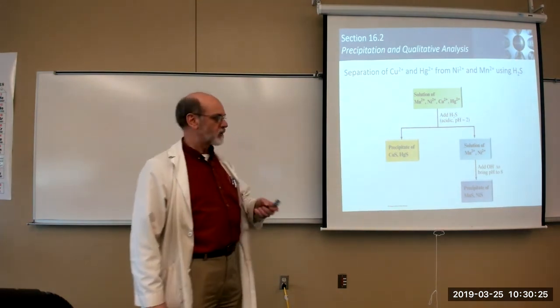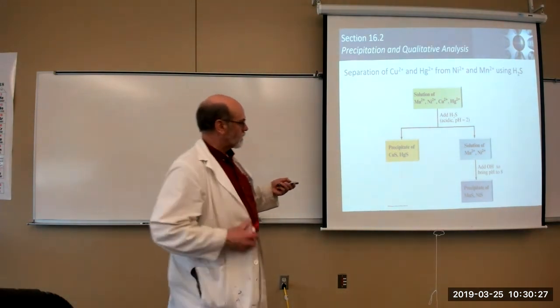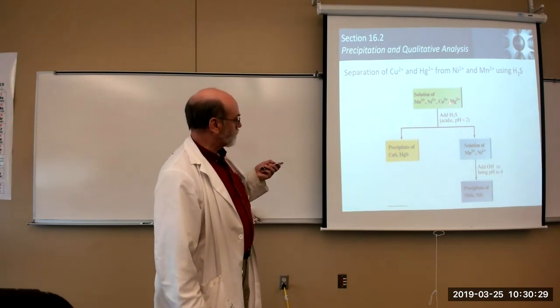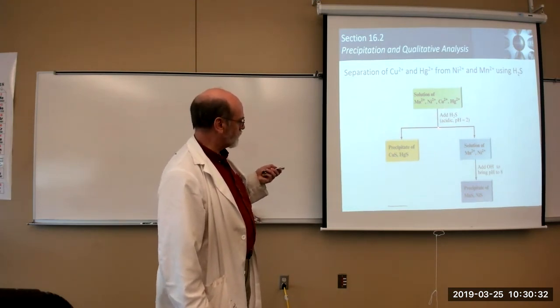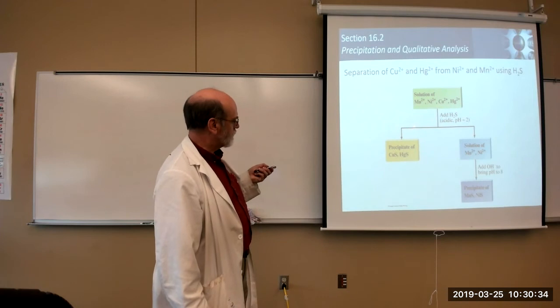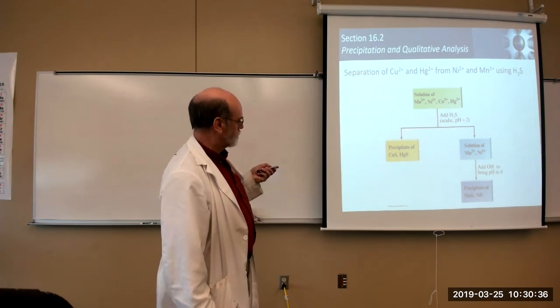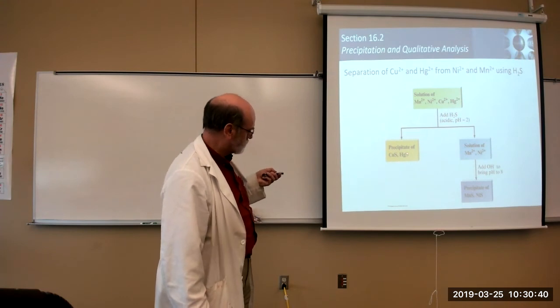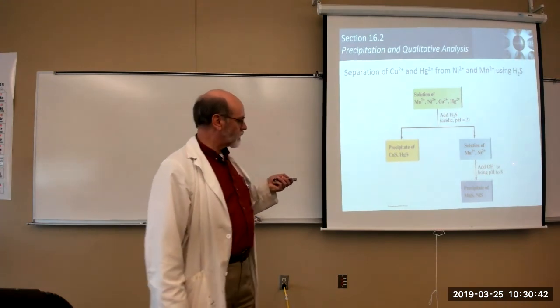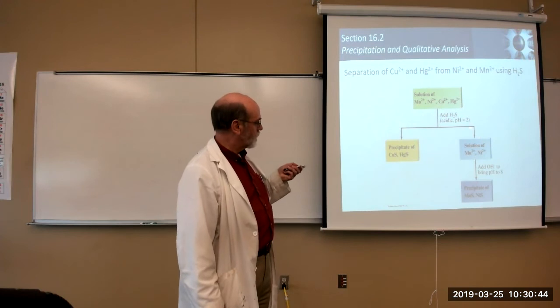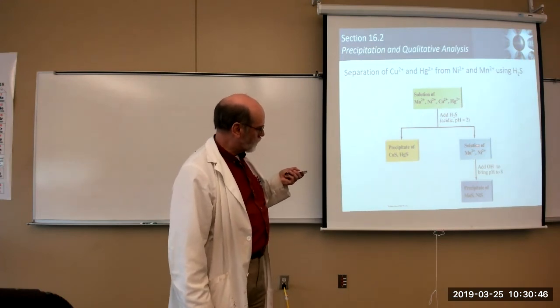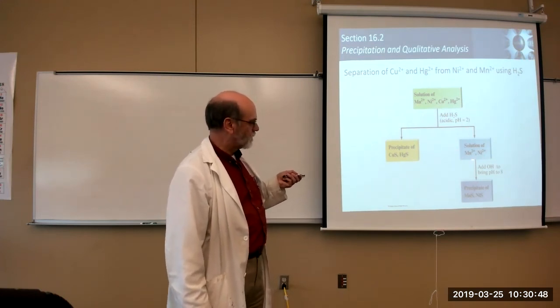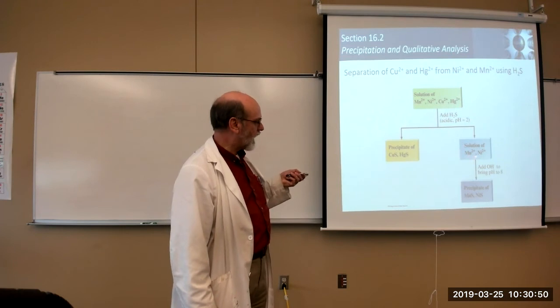As sulfides. Yes. So what we're doing here is the Q value, we want it to be just barely above the K for these two solids. Then we're going to change the Q value by changing the pH, to a higher value.